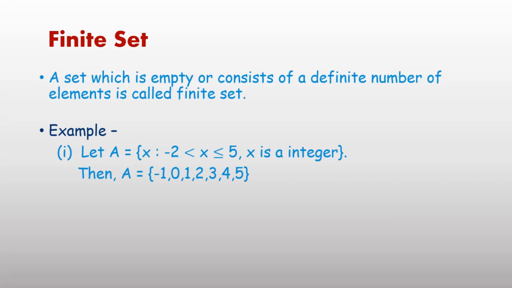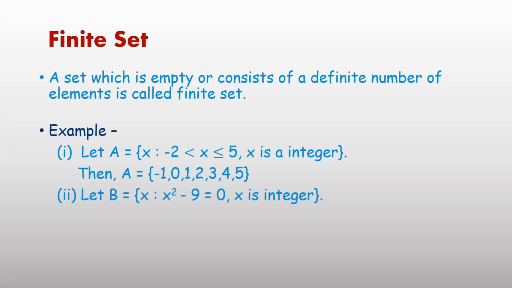Easily -1, 0, 1, 2, 3, 4 and 5. How many elements are there? 7 elements. The number of elements in this set is finite, therefore it is known as finite set.